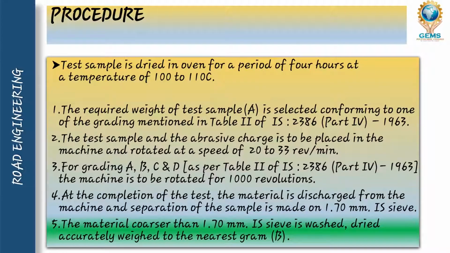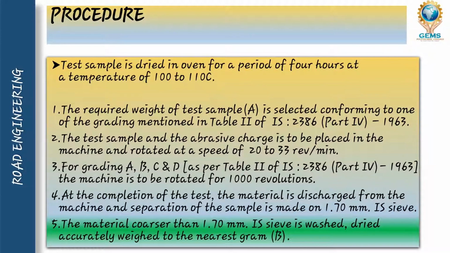If the rotation is 20 to 33 revolutions per minute, then for a grading of A, B, C, D as per table 2 of IS code 2386 part 4, which was given in 1963, the machine is to be rotated for 1000 revolutions.